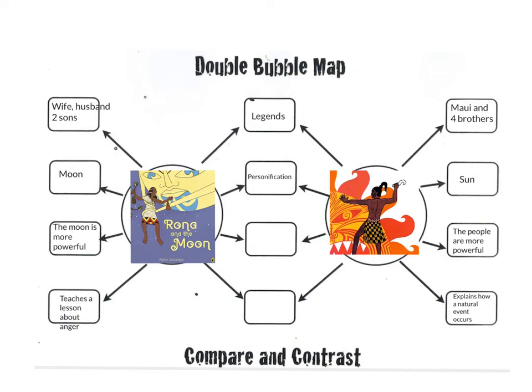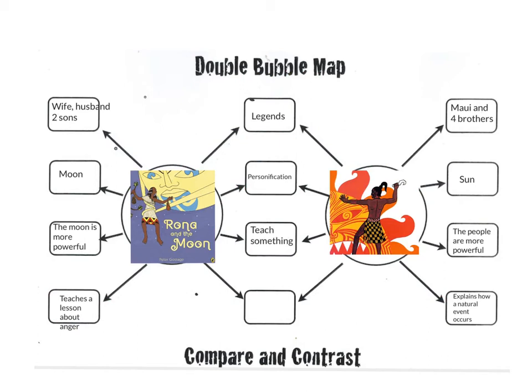So it's like it's a living thing. And in How Maui Slowed the Sun, the sun is given human characteristics. So the sun is hurt, the sun begs them to stop. So it's like the sun is a living thing. And that's called personification.